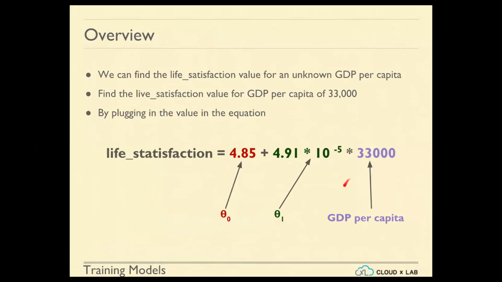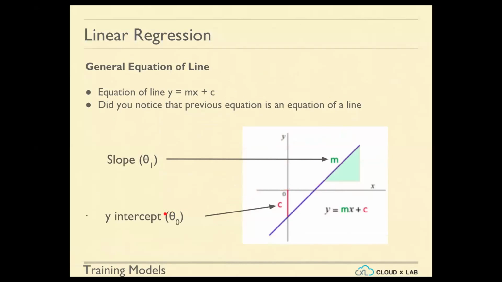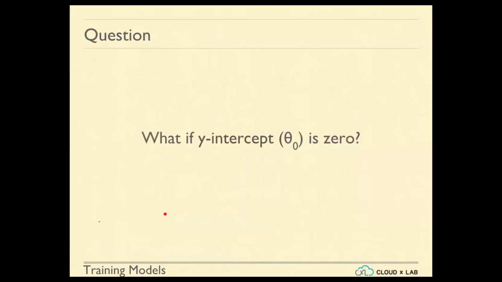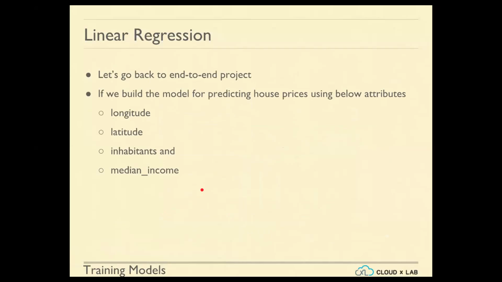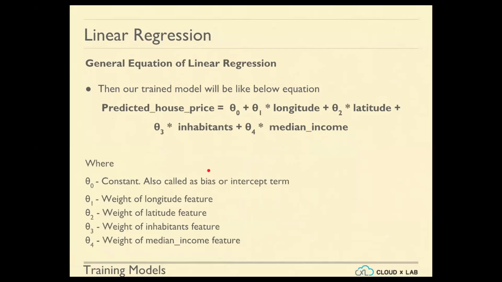All right, so this is what it is. Now moving ahead, this is linear regression. We are saying that the predicted house price is a function of theta 0 added with theta 1 multiplied with the first column, theta 2 multiplied with the second column.